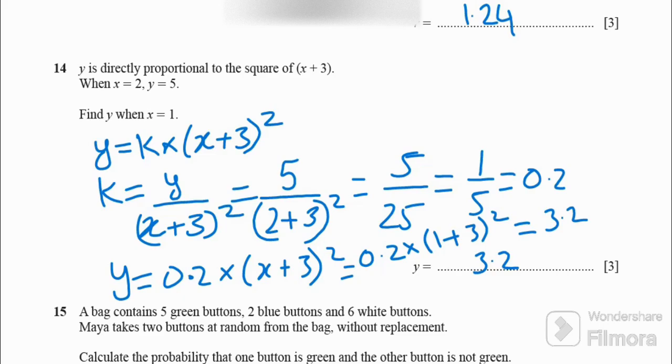Then to calculate the y value when x is 1, we will do 0.2 multiplied by x plus 3 squared. X will be 1, so 1 plus 3 will be 4. 4 squared times 0.2 will be 3.2, so y will be 3.2.